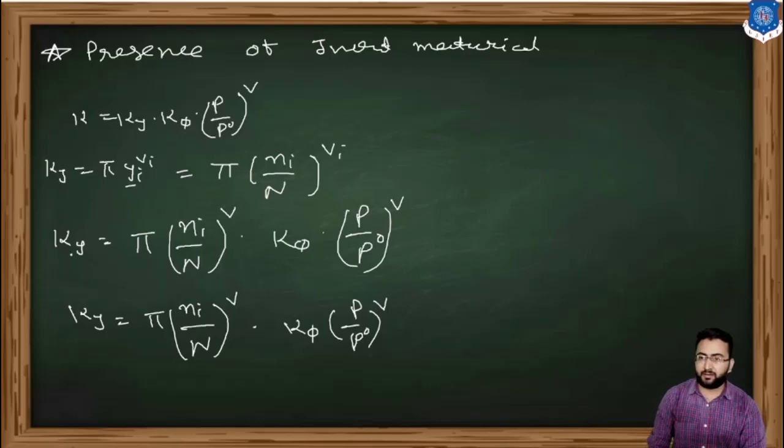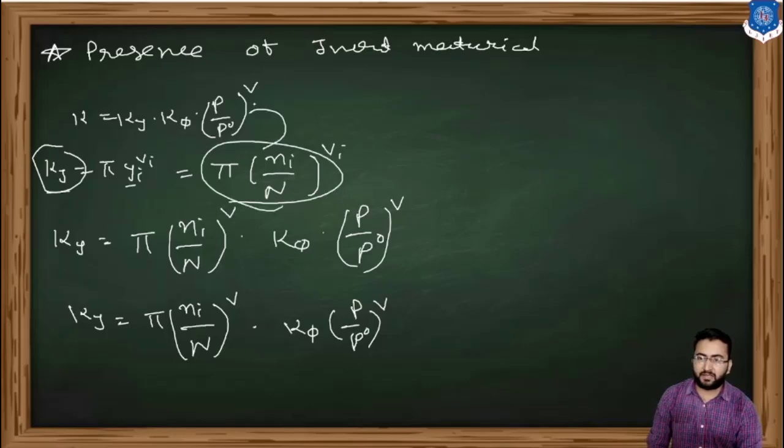Again, here we are just putting the value of Ky, the product of ni upon N, into this equation. So K is equal to the value of Ky into K phi into P upon P naught.